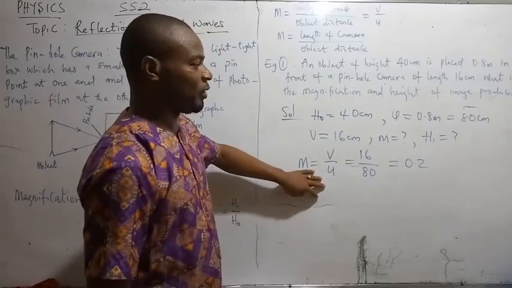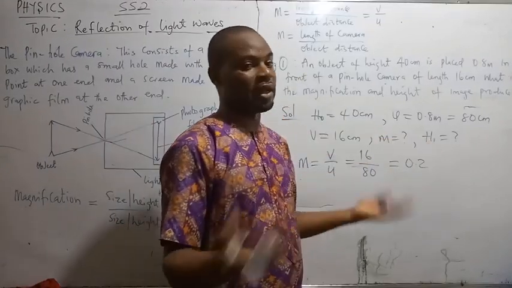Now, having gotten our magnification, we'll now get our HI. We can use two methods.